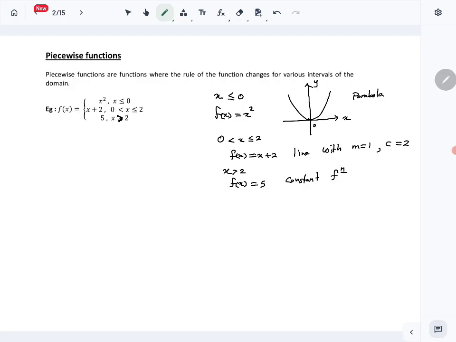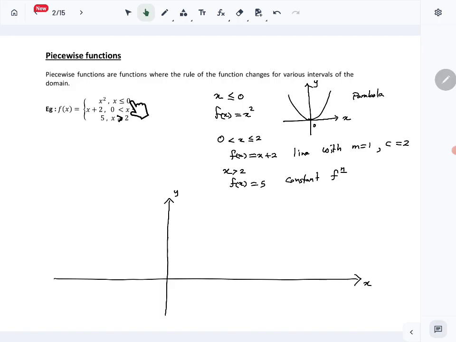So now let's try to draw this. Right. So the important points you have to mark are 0 and 2, because at those points you break the function into different parts.